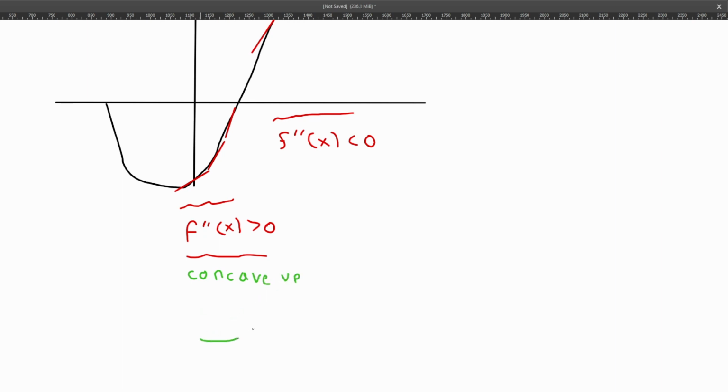So if it looks like this, it's concave up. And if it's negative, we call it concave down. And a concave down function is something like this, or something like this. And as you can see, in this region it is concave down, like this.